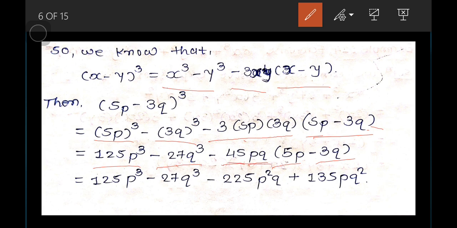Now we multiply this product, opening this bracket, which is equal to 125p cube - 27q cube - 225p square q, and minus minus will be plus, 135pq square. So with the help of these cubic algebraic identities we can find such expanded forms.